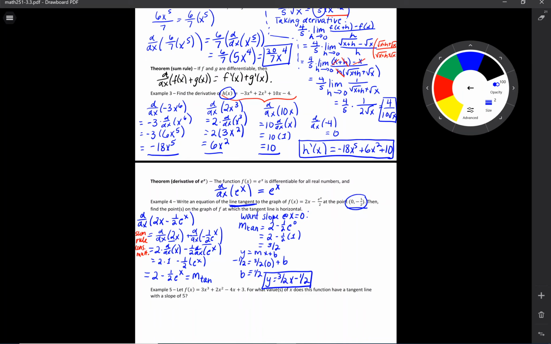Finally, we want to find the points on the graph of f at which the tangent line is horizontal. I don't know exactly what this graph looks like, but let's say my function looks like this. I want to find the points at which the tangent line is horizontal. So here, my tangent line is horizontal.